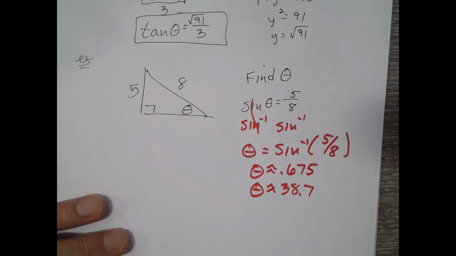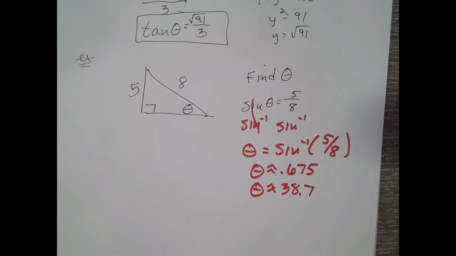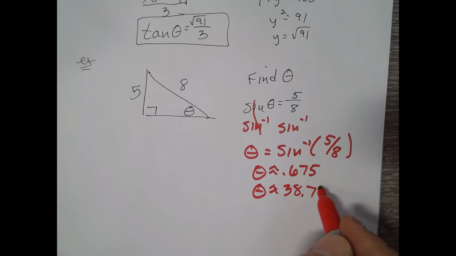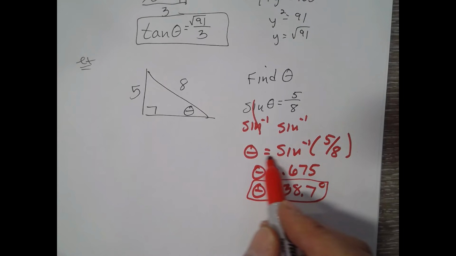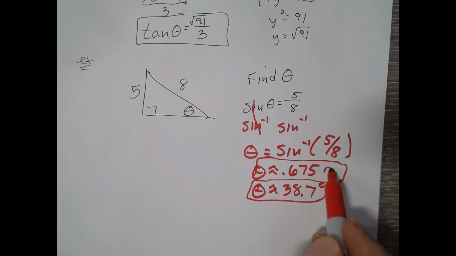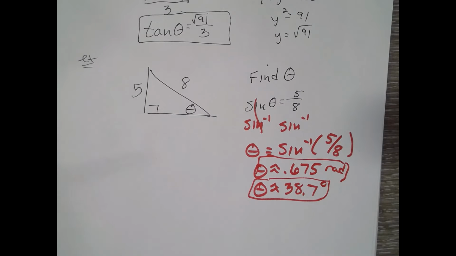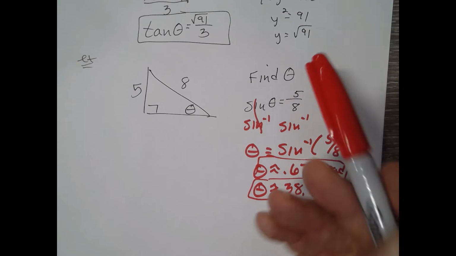Good question. Ben just asked, should we be in degrees or radians? These calculators are in degrees. These calculators are in radians. So in this problem, hopefully the question in the book or on a test or quiz would be find theta in degrees, then we'd have our answer.